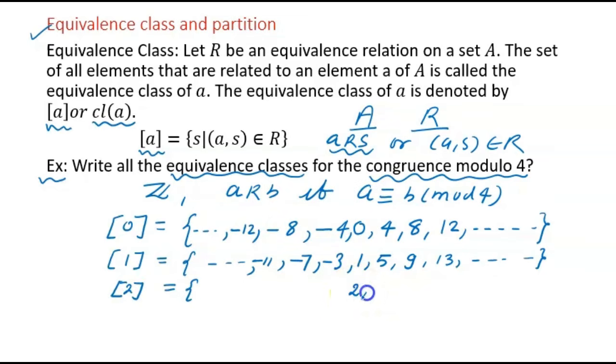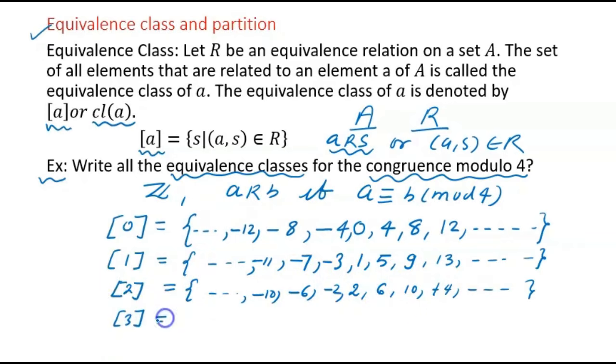Now if I take the other element 2, then the equivalence class of 2 will contain 2, then 6, then 10 and then 14 and so on. And it will also contain elements like minus 2, then minus 6, then minus 10 and so on, right? I am writing it like this so that you understand. Otherwise I could have started from the left, but I am starting from the middle so that you understand it properly.